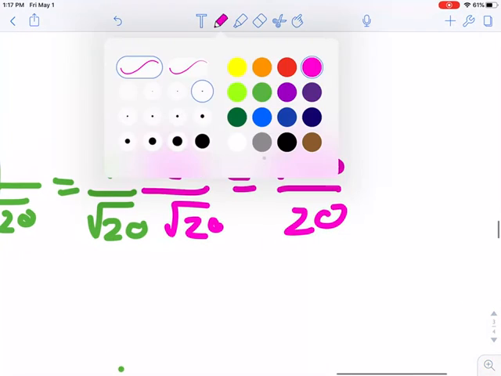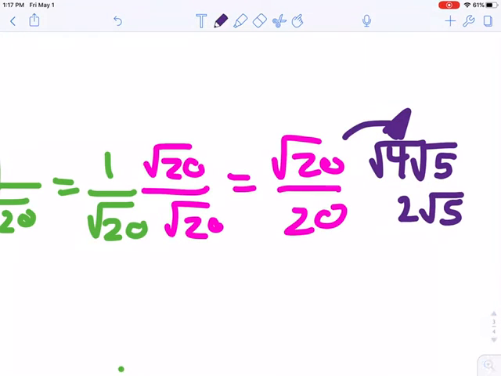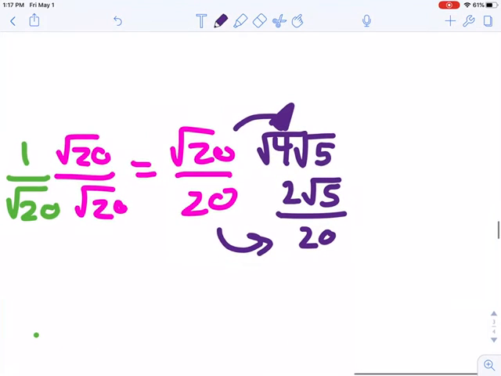Now here, radical 20 can be simplified. Breaks up into the square root of 4. Square root of 5 becomes 2 radical 5. We have over 20 still. 2 over 20 is 1 over 10.